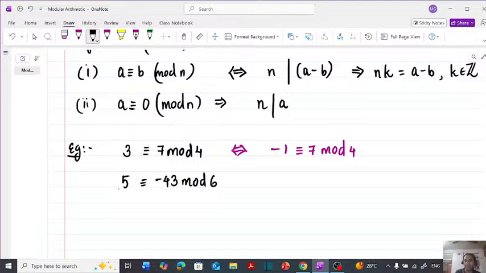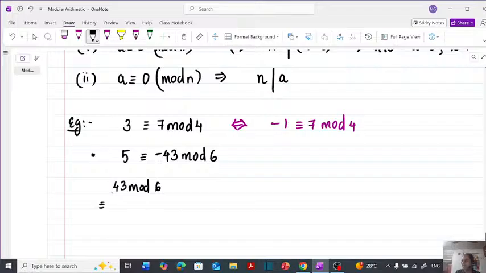If you see this number 43 alone, let's consider this and understand what it is. I'm not considering the minus sign, just 43 mod 6. I want to understand what remainder it will leave. So we are just attacking 43, not minus 43 right now.